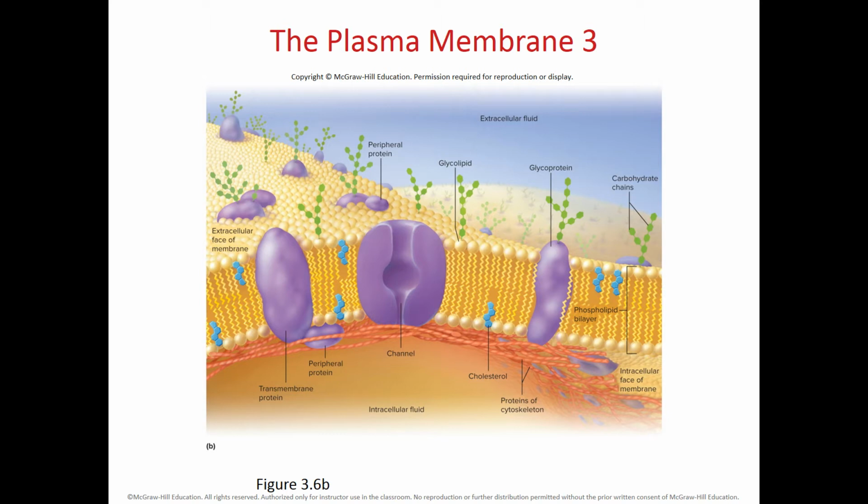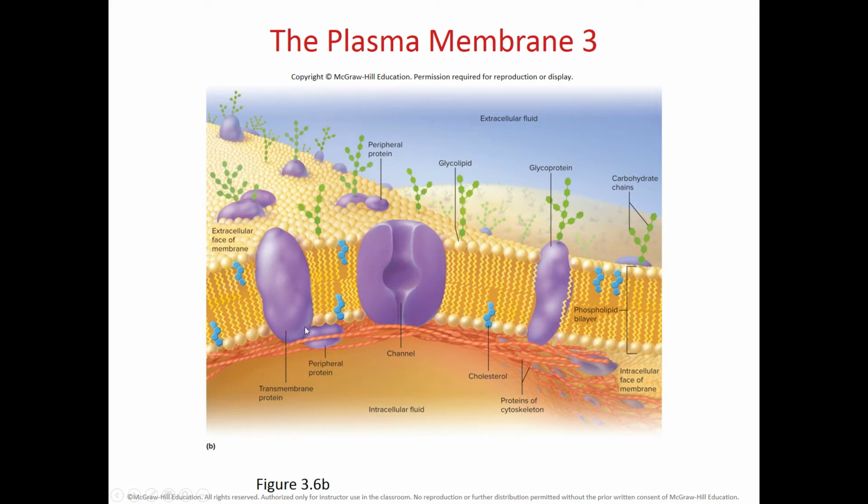Now, embedded within this phospholipid bilayer of the plasma membrane, you have proteins. These proteins can be channels like this one in here, which is like a little gate or door that allows substances to go in and out of the cells, or they can be transmembrane proteins.